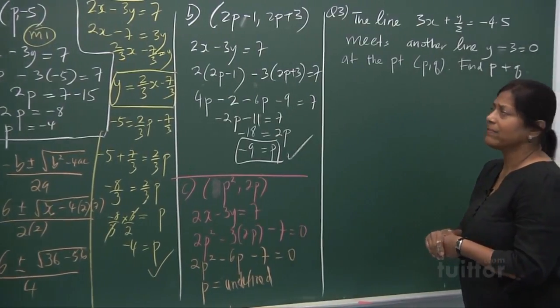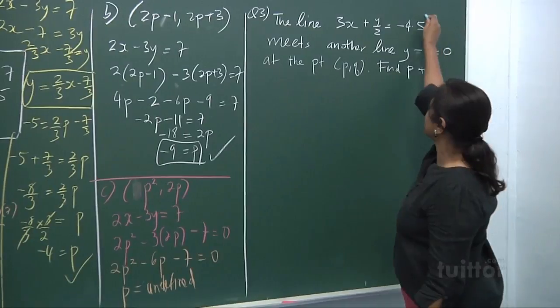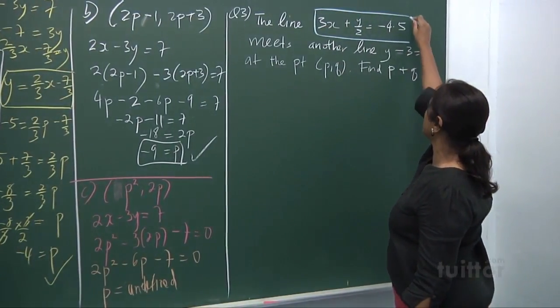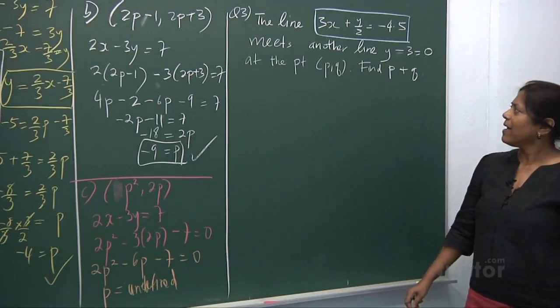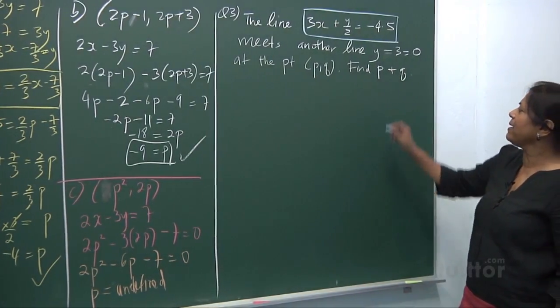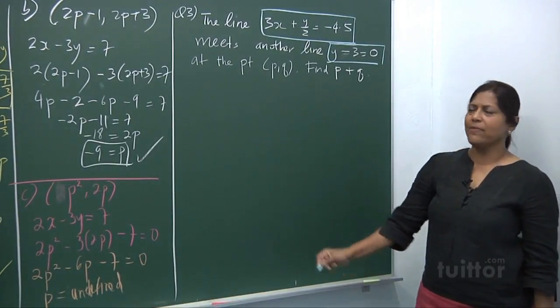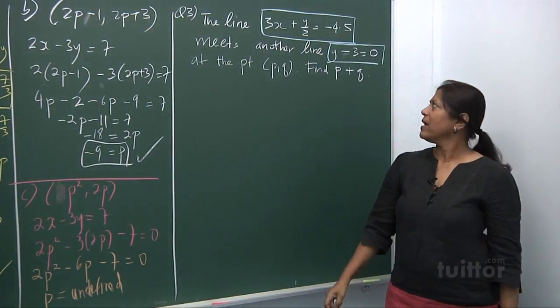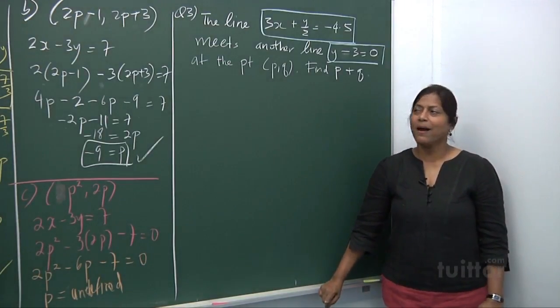If you look at it, you're given a line 3x plus y over 2 equals minus 4.5, and it meets another line y minus 3 equals 0 at the point PQ. And you're asked to find what P is and what Q is.